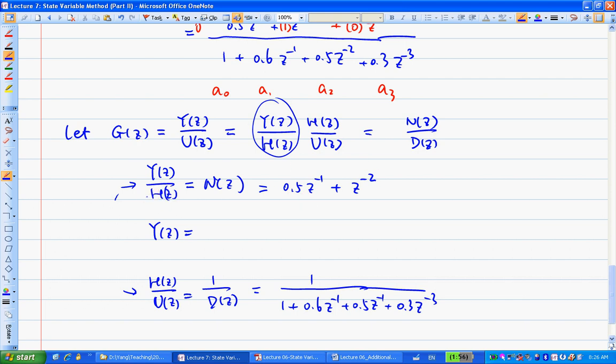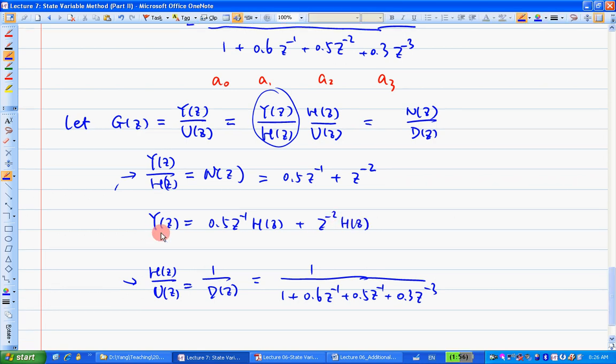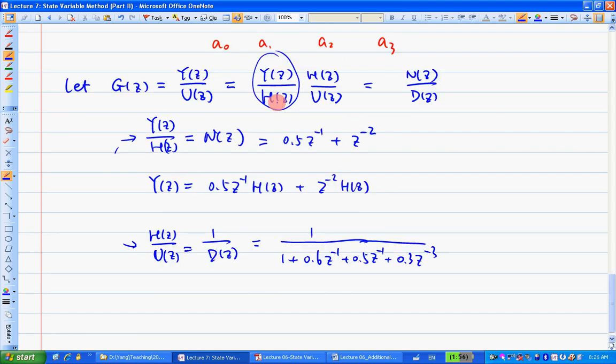That basically is 0.5 z to the power negative 1 H of z plus z to the power negative 2 H of z. Remember, Y of z is the output, and U of z is the input. H of z is just some intermediate thing. We don't really care what it is.